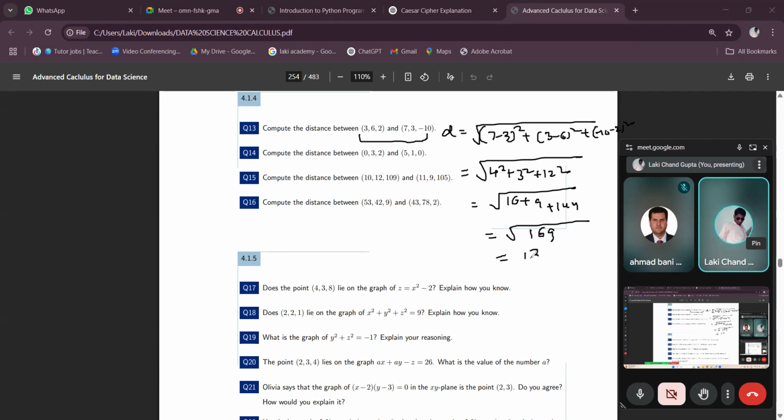Under root 169 is 13 units. So this point and that point are 13 meters apart. You can take any unit. Let's suppose I am taking meters. It means that the distance between these 2 points is 13 units. Okay.